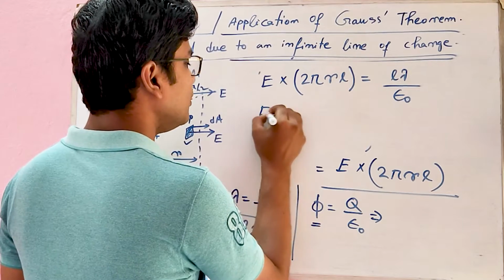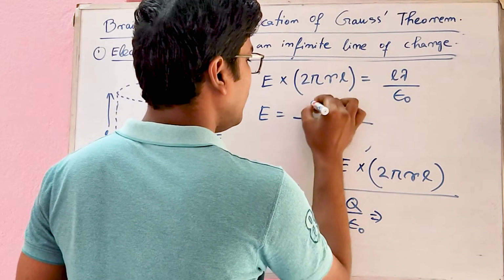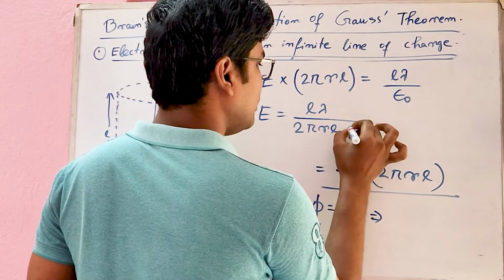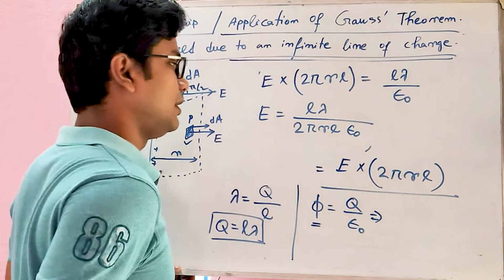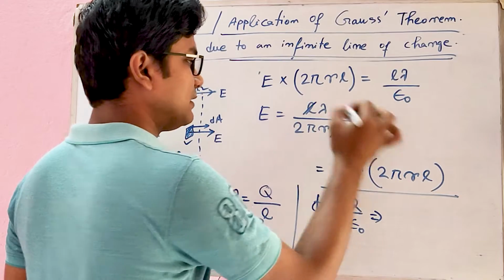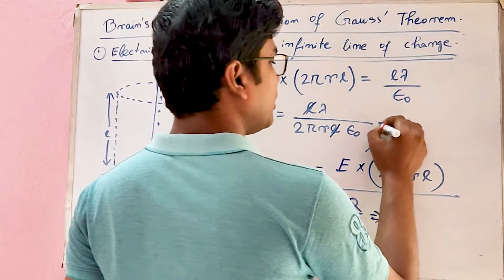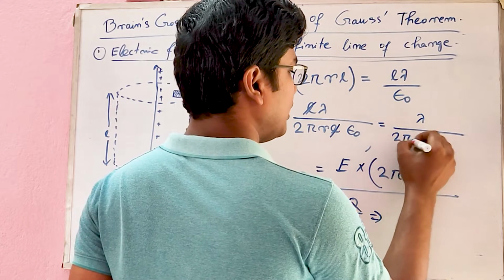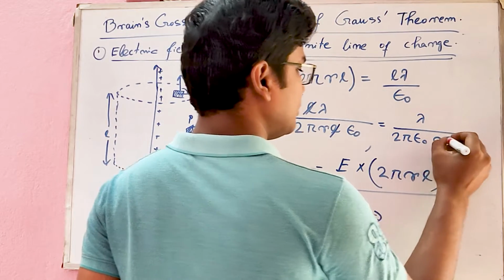So E equals L lambda by 2 pi r L epsilon naught. Now L cancels out. So what we can write? E equals lambda by 2 pi epsilon naught r.